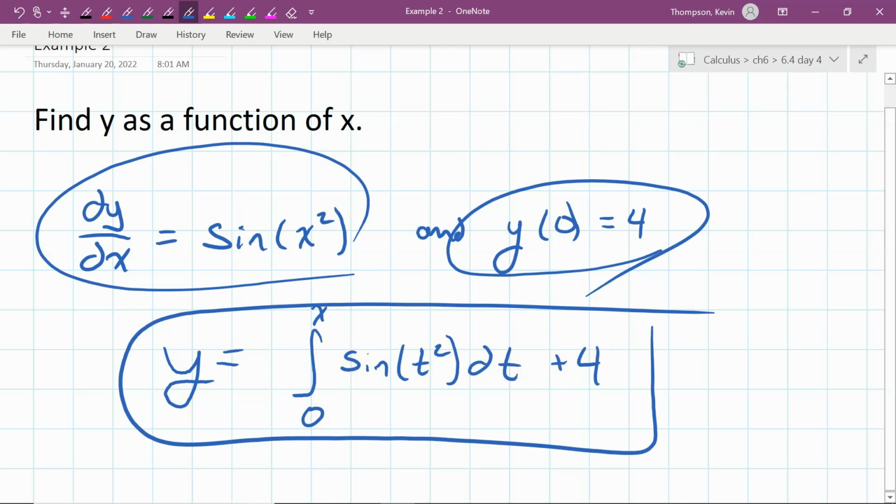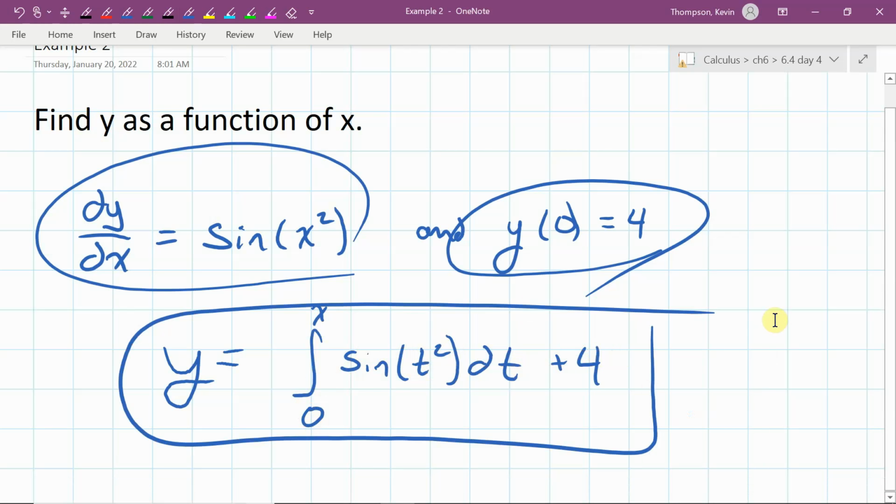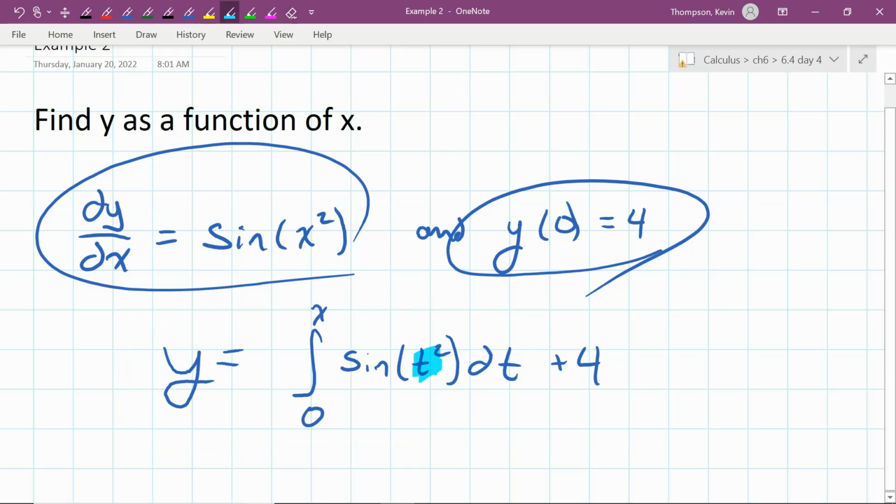Ethan. Are you asking if this was x squared instead of t squared? If you would do that, so this is a good question related to what we've been working on.